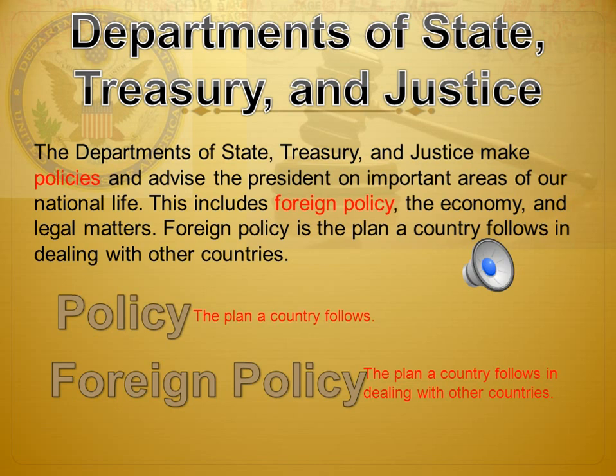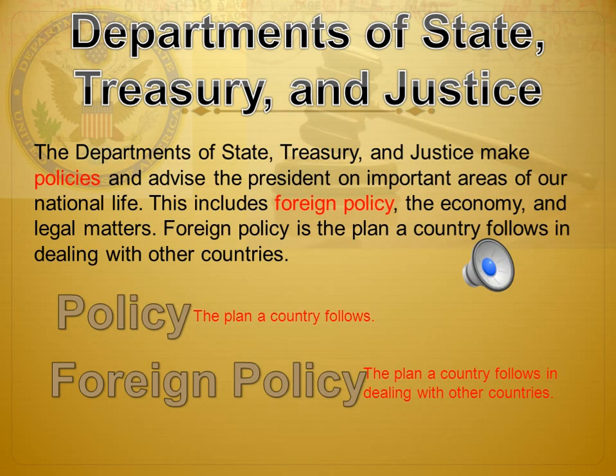Let's briefly touch on the departments of State, Treasury, and Justice. These departments make policies and advise the president on important areas of national life. So they make a plan that the country follows. This includes foreign policy, so dealing with other countries, the economy, and legal matters.